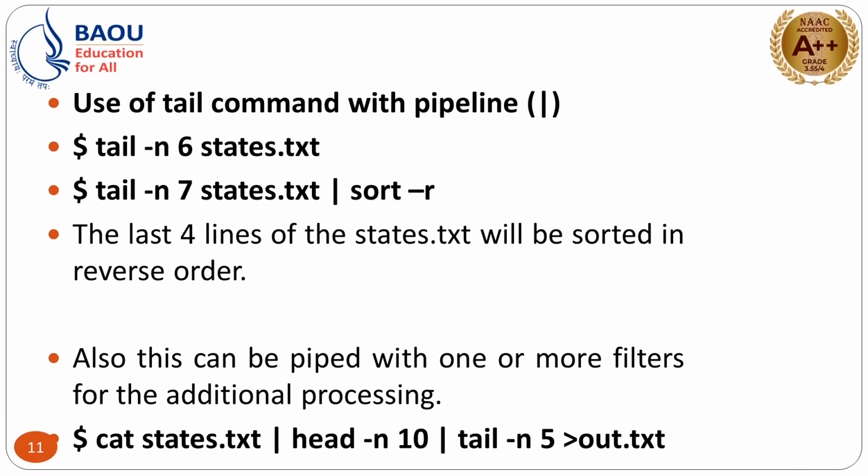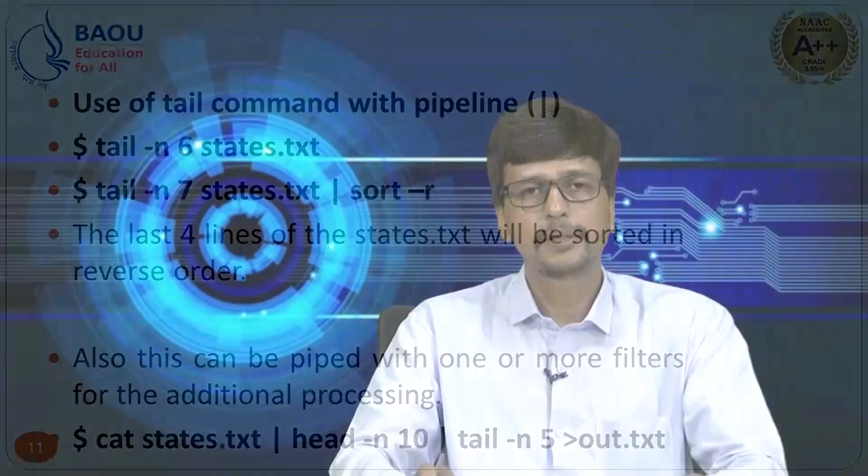So this is redirection. After execution of this command, no output will be displayed, but whenever you display the content of the file out.txt, it will display those last 5 lines, because you are using multiple commands here and your output is redirected to a particular file.